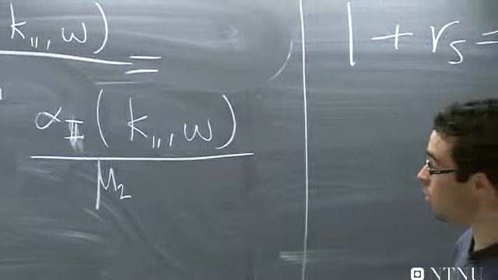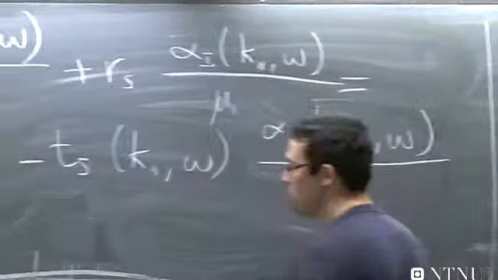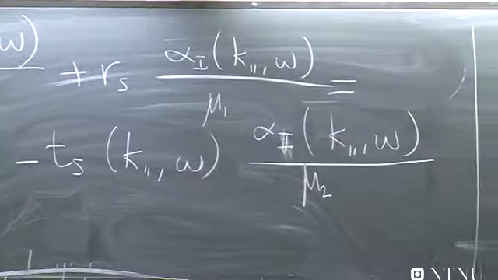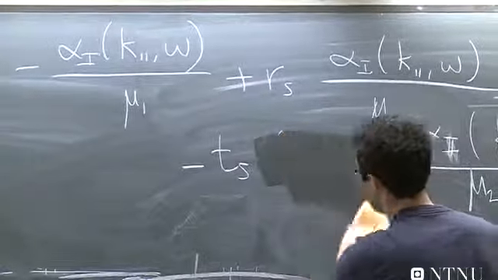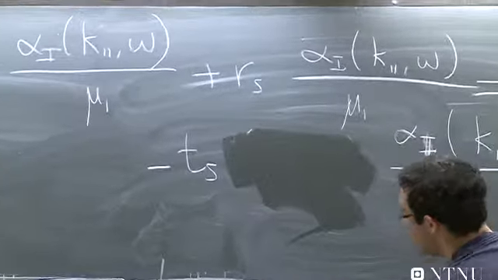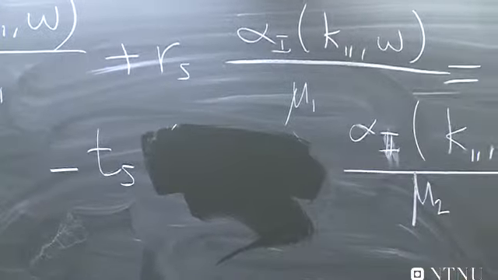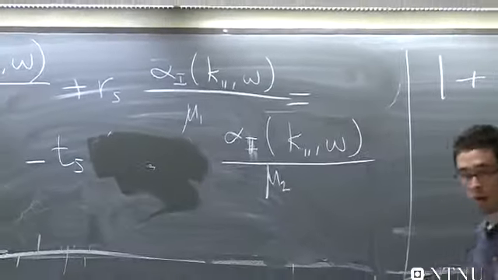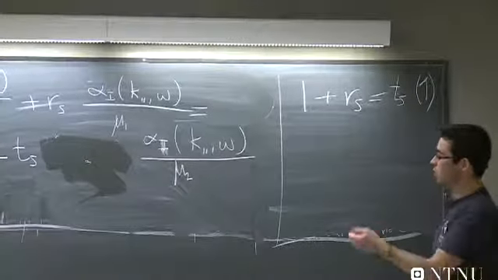Right. So now all of these depend on k parallel omega in the same way. There's no omega dependence here, of course, just multiplication. Okay, so now this forms another equation.